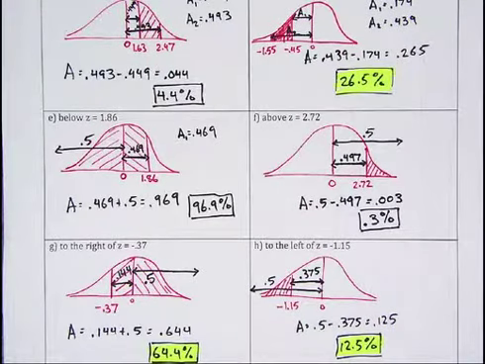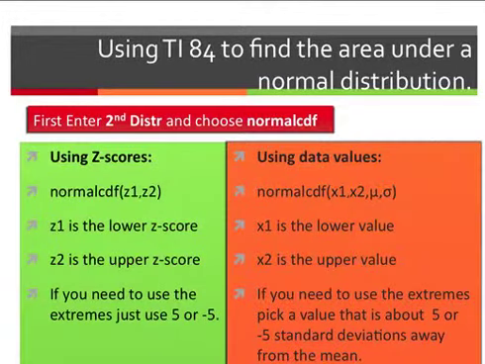Now we're going to see how we can use our calculators to help us out with this. So here is a slide showing you how to use the TI-84 to find the area under a normal distribution. First, you enter second DISTR, and now you want to choose normal CDF. Now for today, all we're doing is dealing with using z-scores.